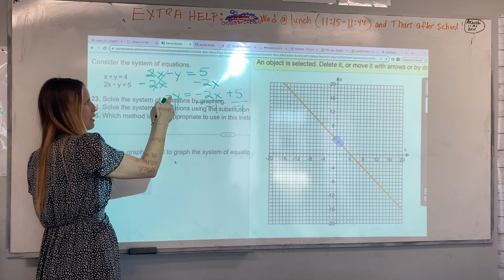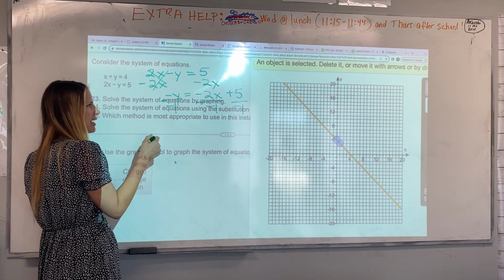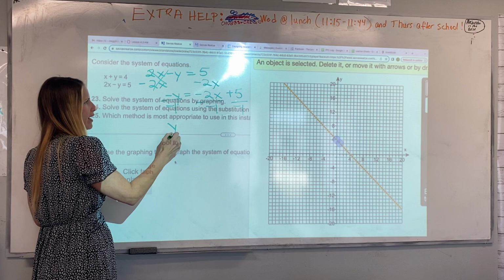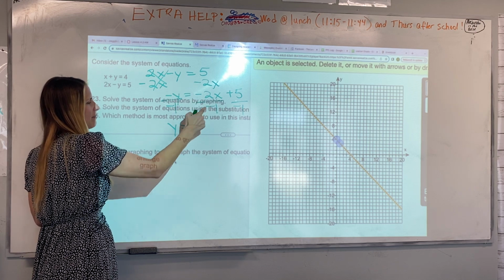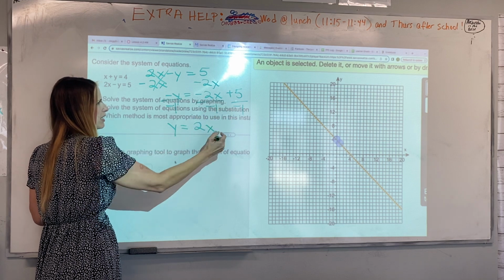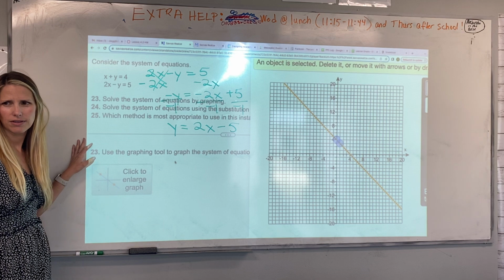Because you have to get rid of this negative next to the y. Y is being multiplied times a negative, so we divide by a negative. And then we have to divide each of these terms by a negative. So I get y equals negative divided by a negative is positive 2x. Positive divided by a negative is negative 5. So I did do it right.